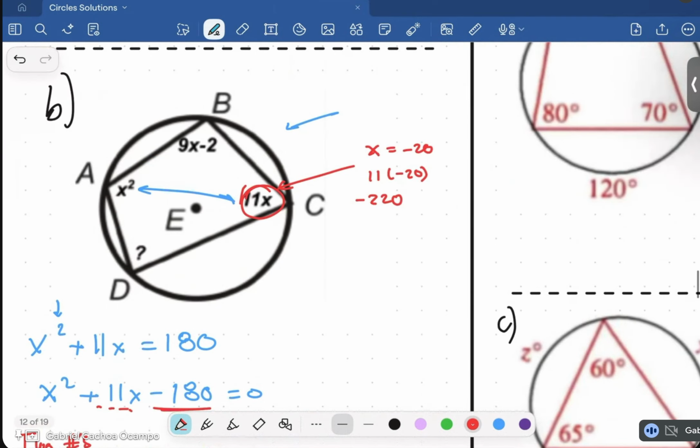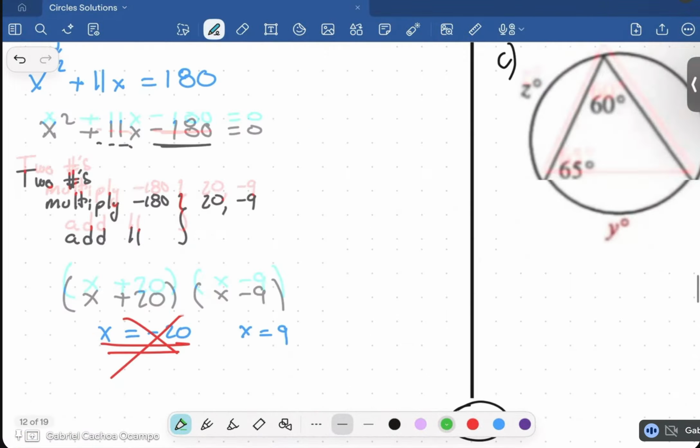And now if I want to find the question mark, I plug in the 9 in here. So this is 9 times 9 minus 2, 81 minus 2, 79. And this angle needs to be 101 because both of these guys need to add up to 180.